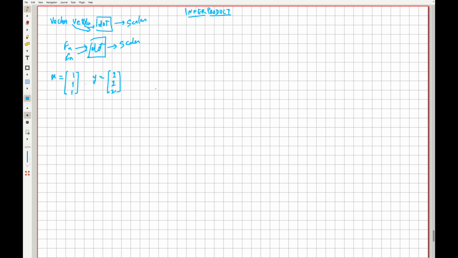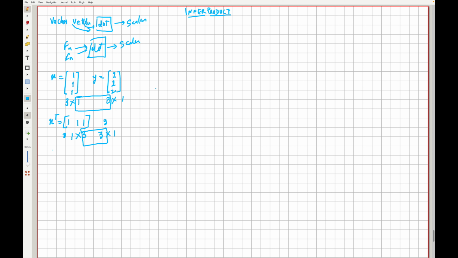Now, if we want to perform a dot product between these two vectors, we would have to flip this, because right now this is of shape 3 by 1, this is of shape 3 by 1. And if you remember, we need that these values should be the same. So if we flip x to x transpose, then what we create is this vector, which has a shape of 1 by 3, 1 row and 3 columns, and that matches. So now it matches with the value that y has, which is 3 by 1.